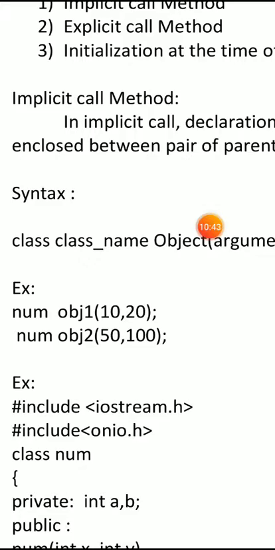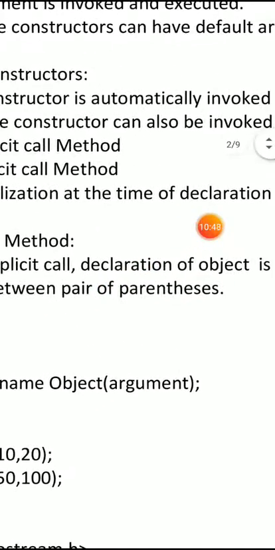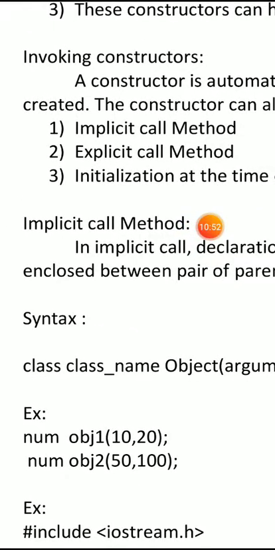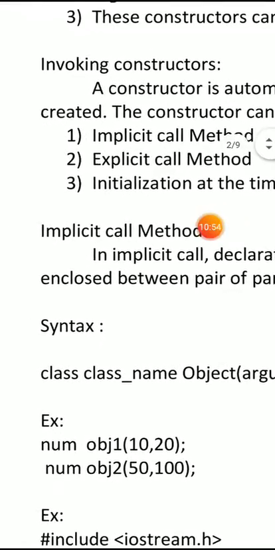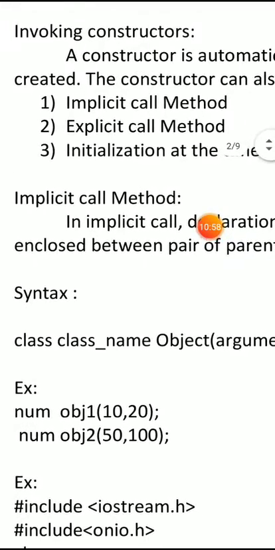In the implicit call, the declaration of object is followed by class name and argument list.